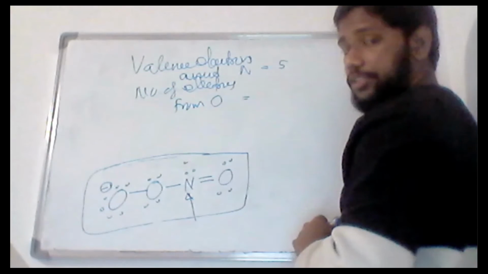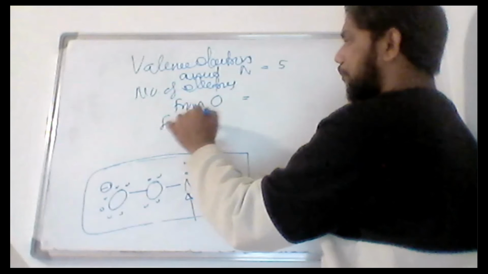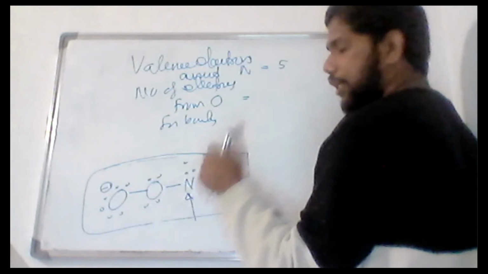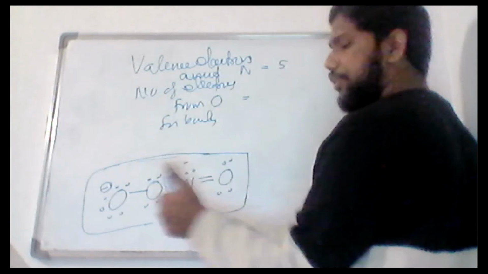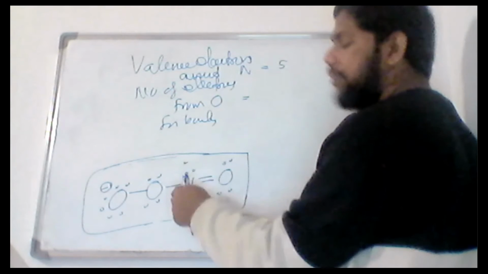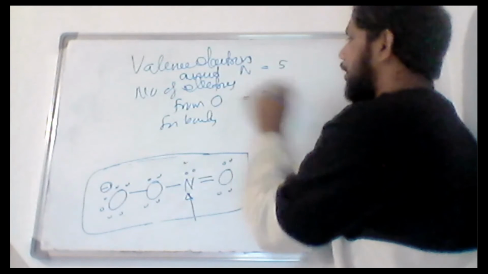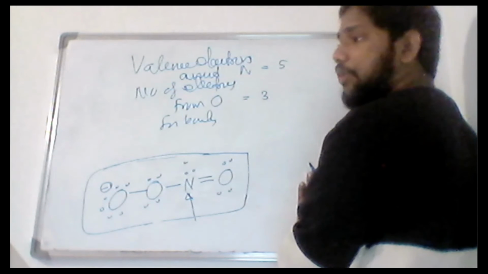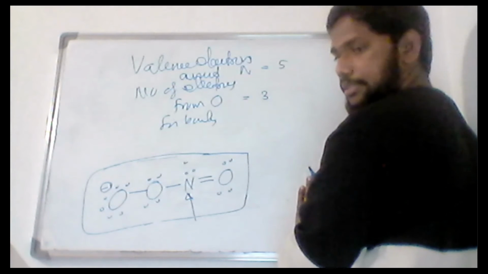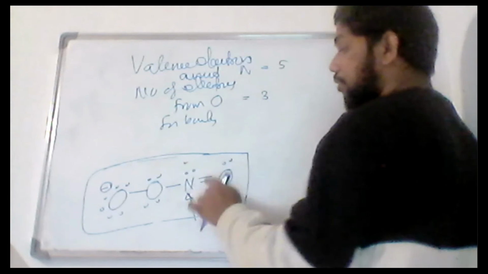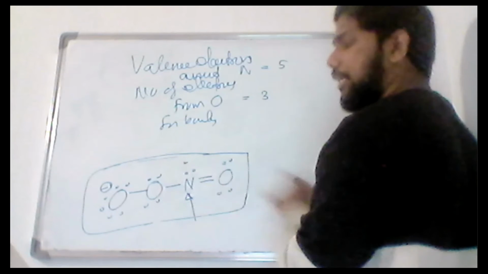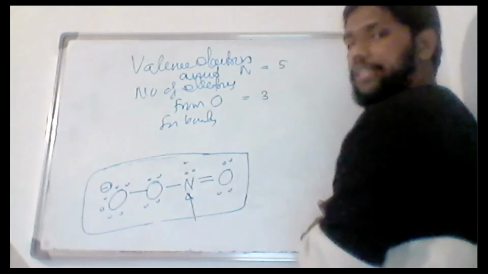How many electrons for bonding? 1, 2, 3, because this oxygen gives 1 electron, this oxygen gives 1, this oxygen gives 1. I mean here 2 electrons, here 1. So altogether 3. Okay. So total number of electrons in bonding is 8. Okay. So 1, 2, 3 given by oxygen, and the valence shell has 5. So total number of electrons is 8.